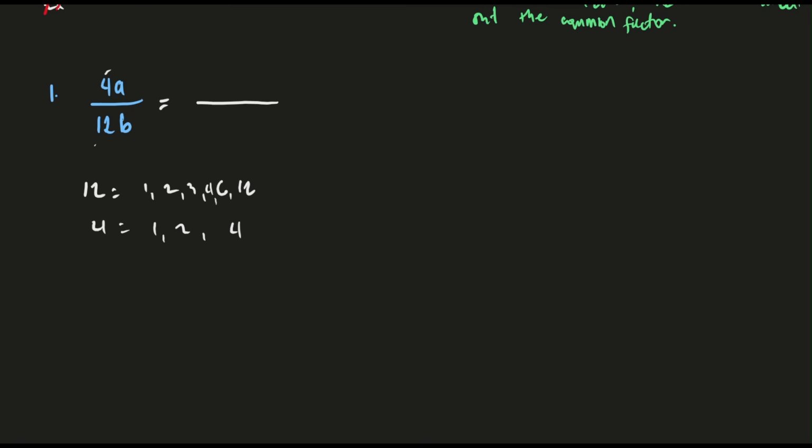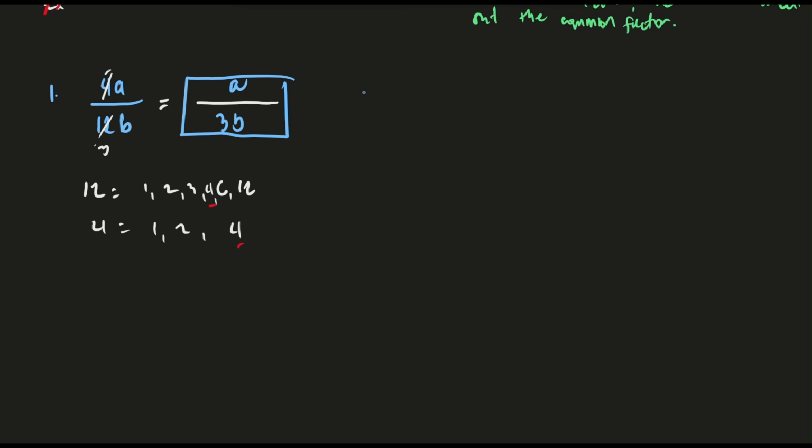We know that both have a factor of 4, therefore their GCF must be 4. So you cancel out 4, becomes 1, and then 12 divided by 4, you have 3. Therefore, our final answer is just 1a, or just simply a, over 3b. Okay?